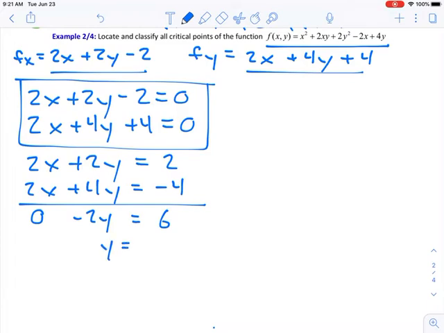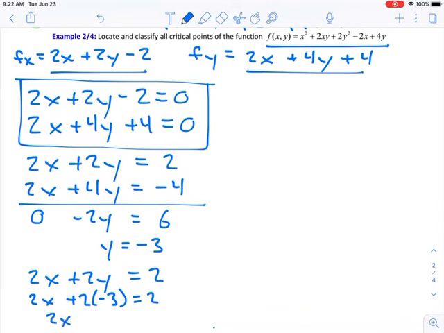Or y equals negative 3. Once we have y, we can find x. We have 2x plus 2y equals 2. 2x plus 2 times negative 3 equals 2. 2x equals 8, or x equals 4.